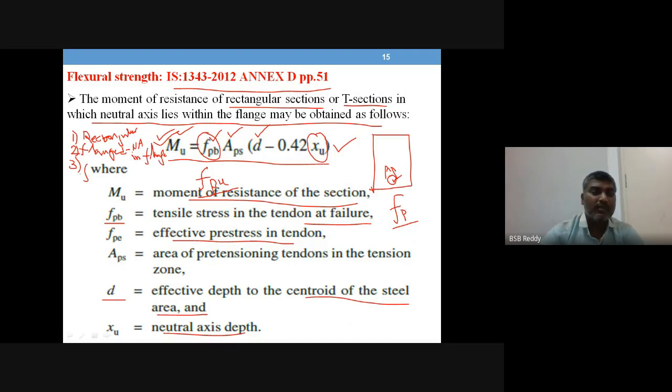And the other one is also a flanged section, where the neutral axis is in the web. Right, this is another case.